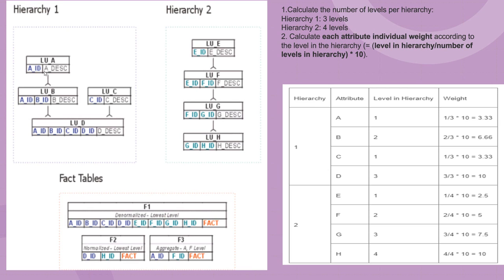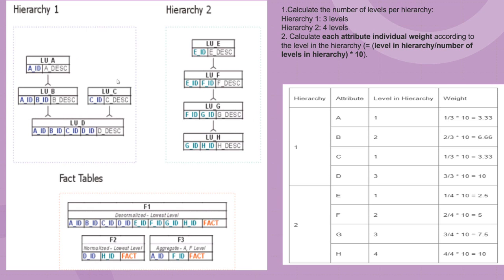Let's consider attribute A. It comes from level 1, the first level of hierarchy 1, and the total number of levels in hierarchy 1 was 3.